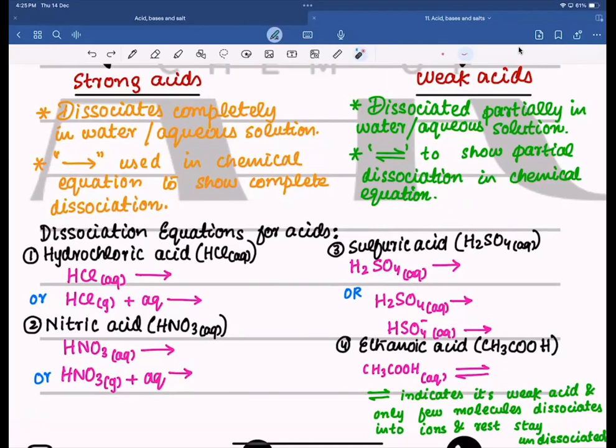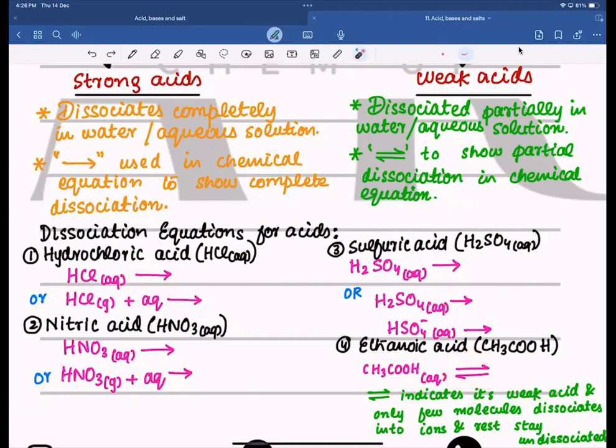We can know by looking at the equation whether the acid is strong or weak by the arrows that have been used. If the arrow is one-sided, in one direction, then the acid is a strong acid. And when the dissociation of the acid is shown by the double arrow, the reversible arrow, then it indicates that it is a weak acid.